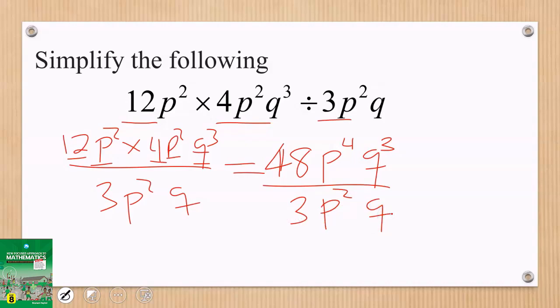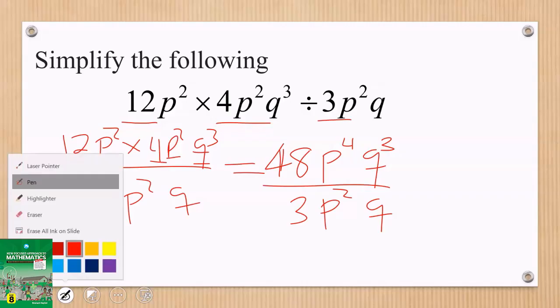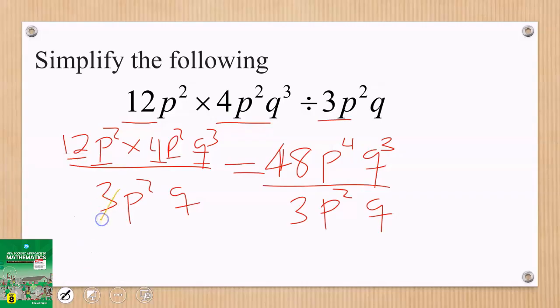Now, alternatively, we could have tried dividing 3 by itself as 1 and 12 as 4, so we multiply 4 times 4. 3 can divide itself as 1, and 3 can divide 48 as 16. So let me keep the 16 for now.